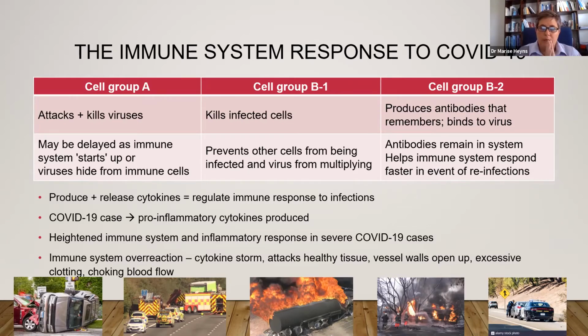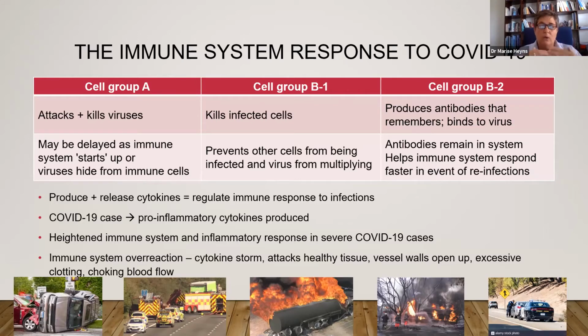We also unfortunately have what we call a cytokine storm. That is when your immune system overreacts. So it's almost like you've got a group of soldiers that is there to defend, but suddenly goes haywire and they are over enthusiastic. So what you get in a cytokine storm is that your immune system produces these cytokines in excess, and instead of just attacking the virus, it starts attacking healthy tissues.